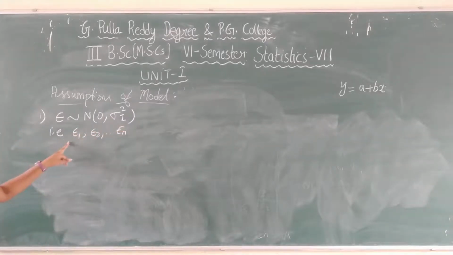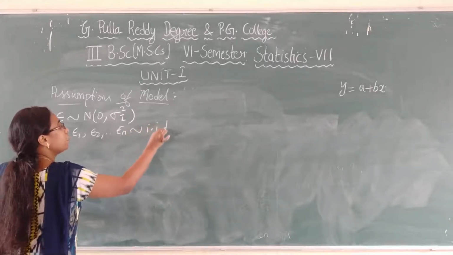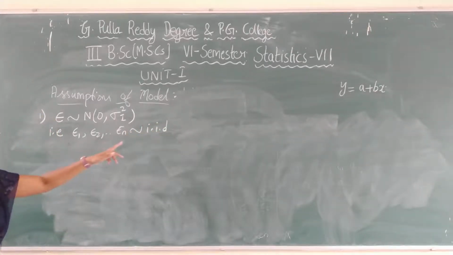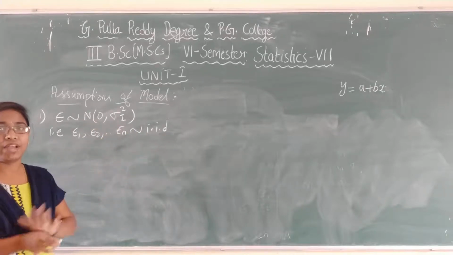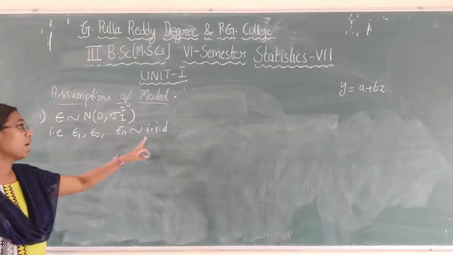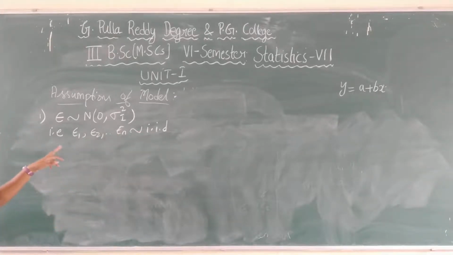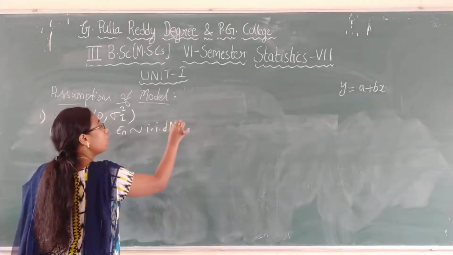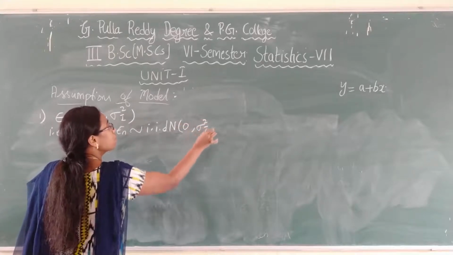All these epsilons are IID variables. IID means identically independent, as we have discussed in the previous ones also. So they are IID normal variables with the parameters 0, sigma square I.